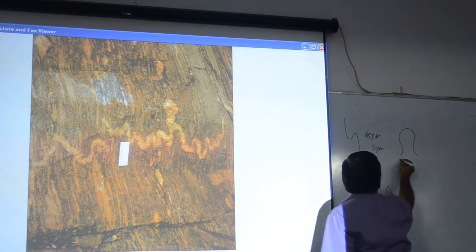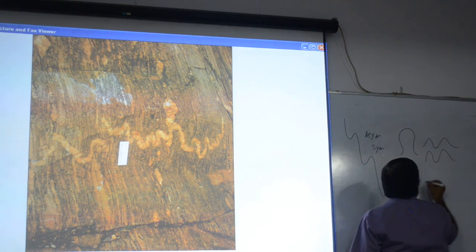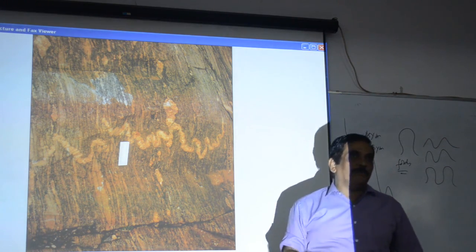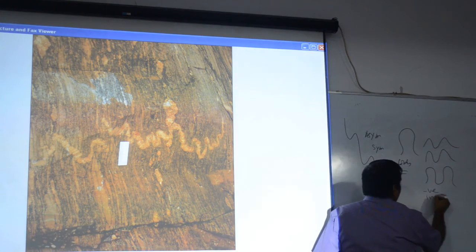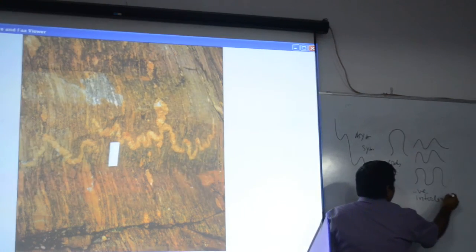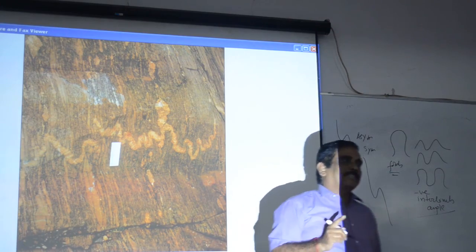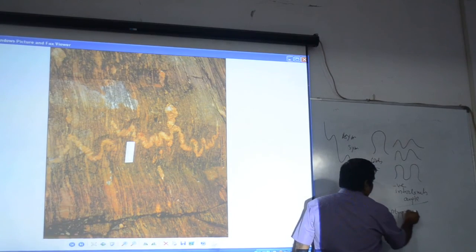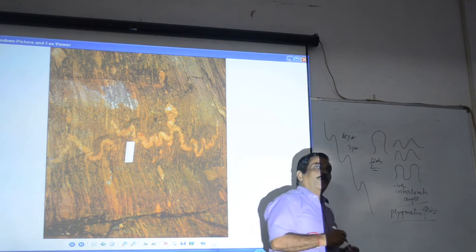What is this type of folds? Generally you see the folds like this, then they become like this. But why some folds become like this? Oppositely turned. Negative interlimb angle. Why is it produced? So negative interlimb angles are called stigmatic folds. So how do stigmatic folds exist?